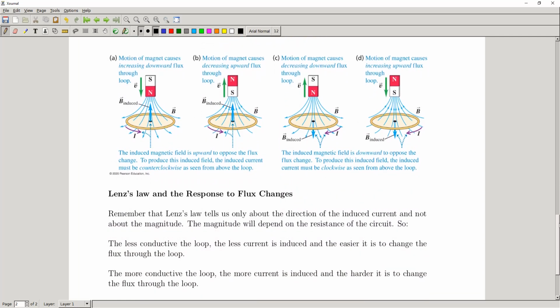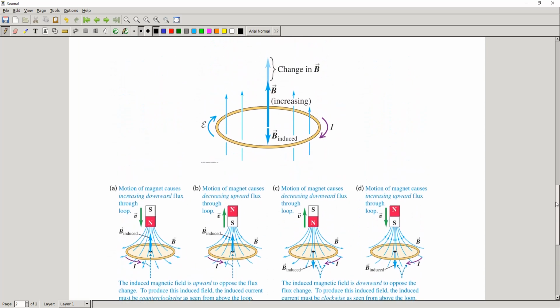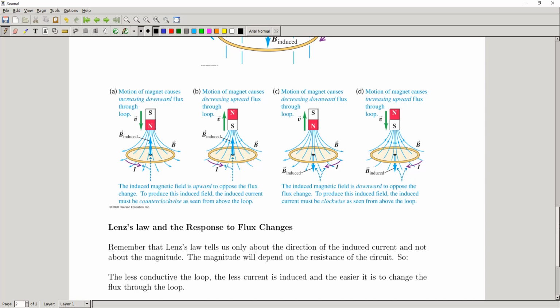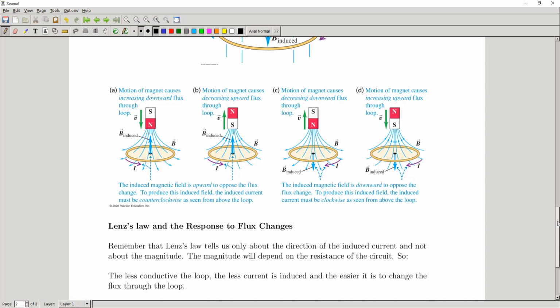Here we have four diagrams. It's basically just the same thing from above, but we can see different changing magnetic fields here, right? So in this case, we're moving the north pole of our permanent magnet toward our loop. So we're increasing the flux going through the loop like this, right?